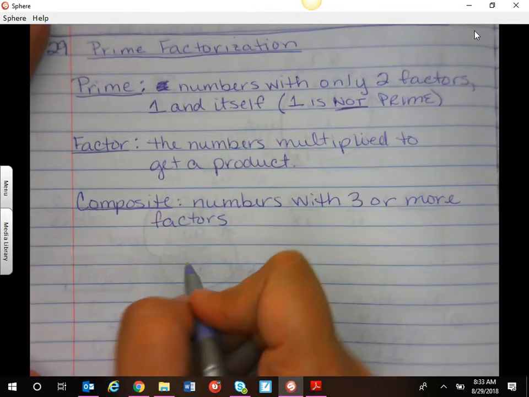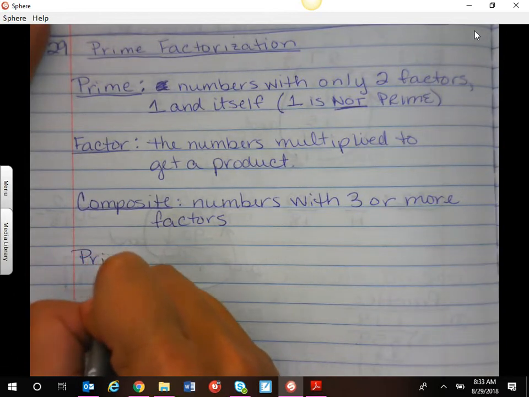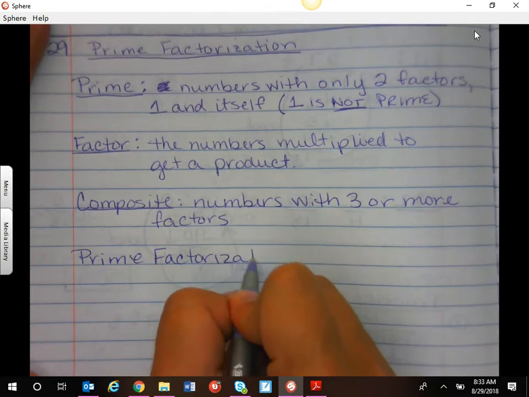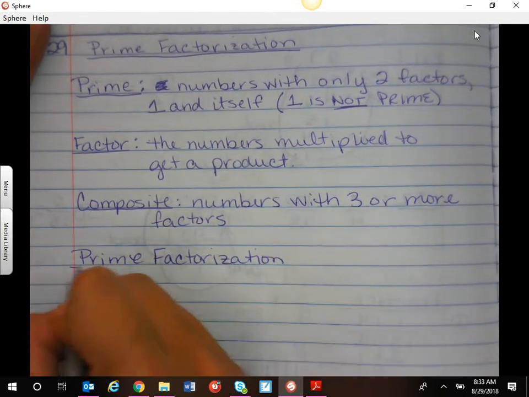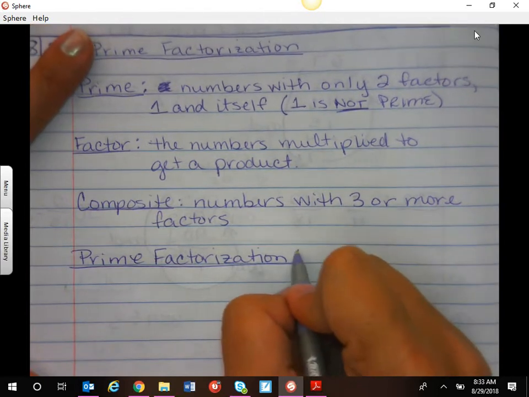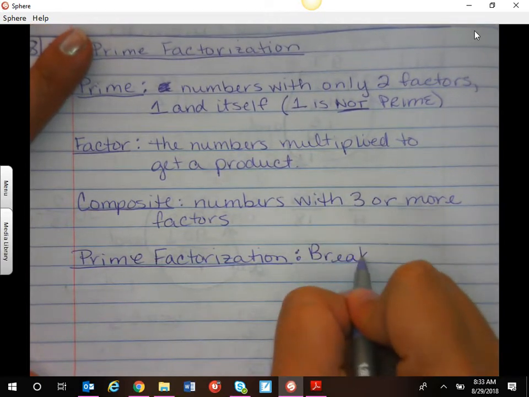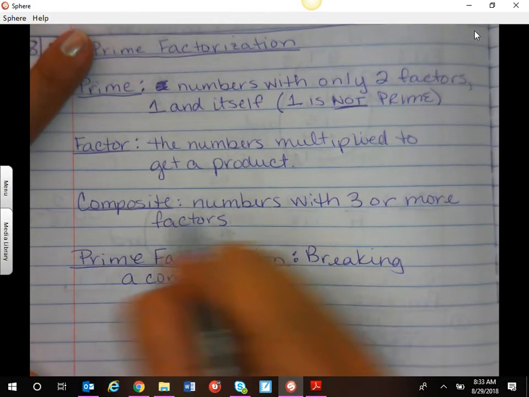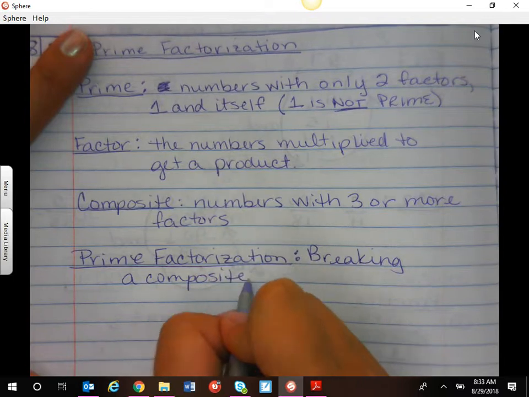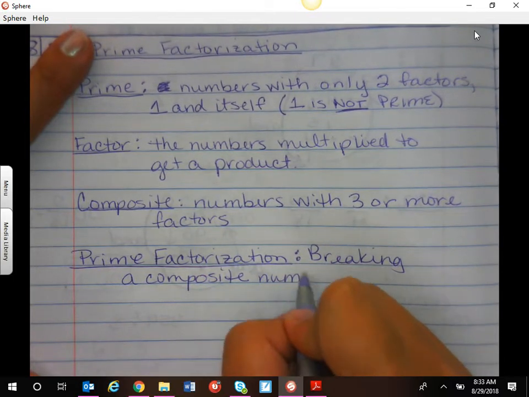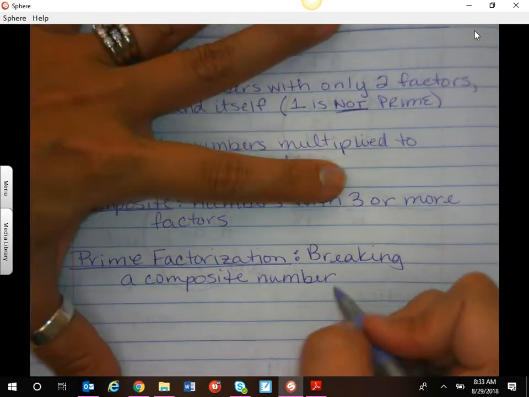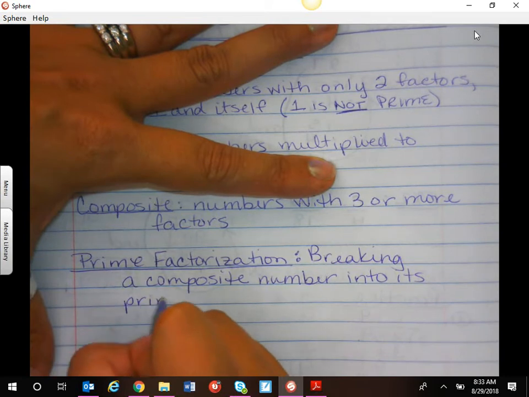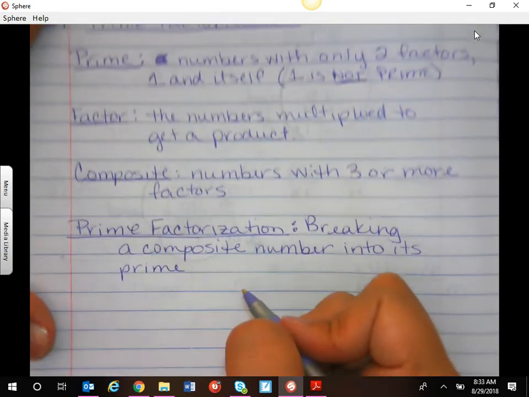So when we do prime factorization, we're looking at all of these things. And what we're doing is we're breaking a composite number, meaning a number with 3 or more factors, into its prime, meaning into the numbers where it is only 1 times itself.